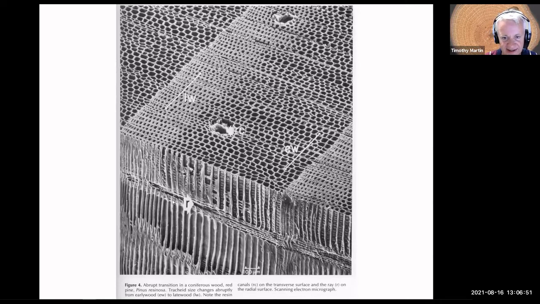This is the side of a ray right here. Those rays run radially. They run in and out. Those cells are living. All of these tracheids are dead. This is a resin canal right here. I didn't mention resin canals when I talked about wood, but I mentioned them when I talked about leaves. You can also have resin canals in gymnosperm wood as well.